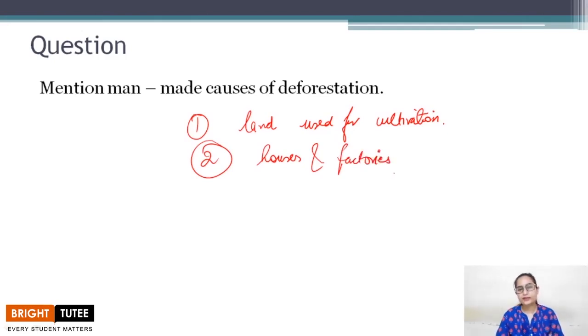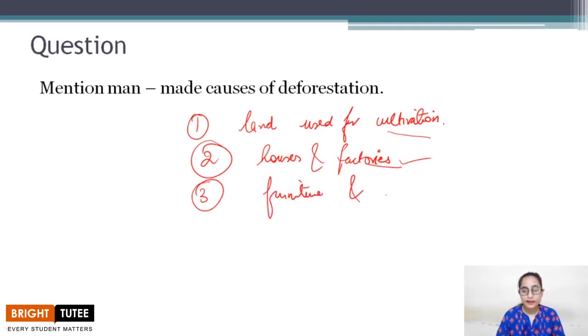When houses and factories are made, forests are cleared. Thirdly, basically these were the 2 main causes. The third is making of furniture and use of wood as a fuel, right? These are the 3 man-made causes of deforestation, right?